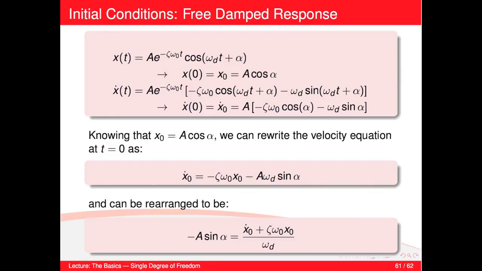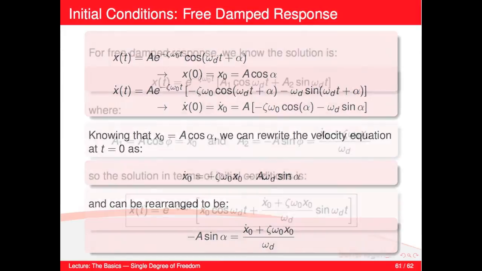And we can rearrange that, solving for minus A sine alpha, giving us x dot naught plus zeta omega naught x naught over omega d. So we now have terms for A cosine of alpha and minus A sine of alpha, which are our a1 and a2 terms in the solution that we found earlier.